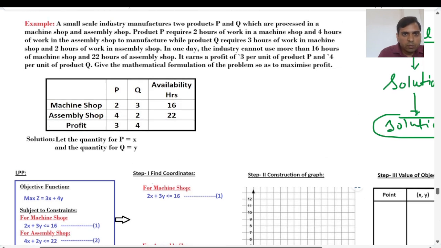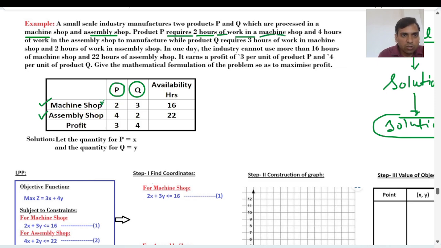So the company is producing 2 types of products. First product is P. Second product is Q, which are processed in a machine shop and assembly shop. 2 types of shops. First is the machine shop and second is the assembly shop. So product P requires 2 hours of work in a machine shop.